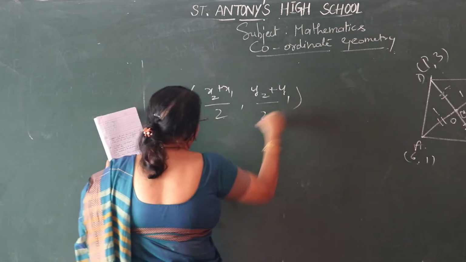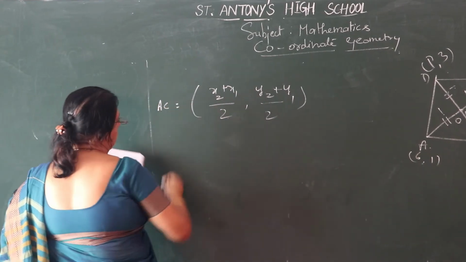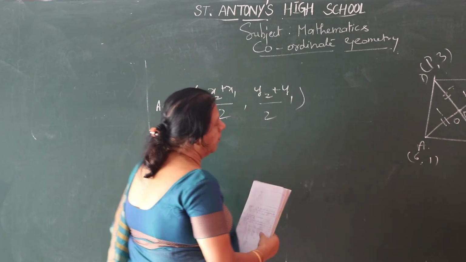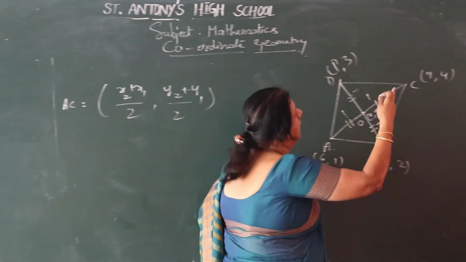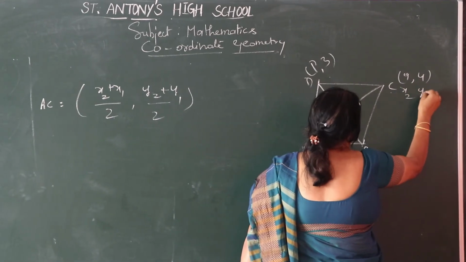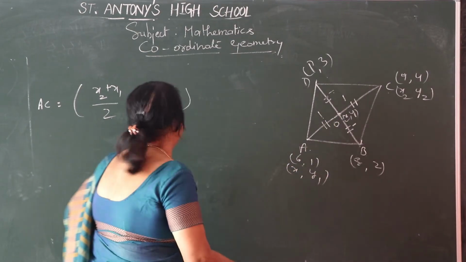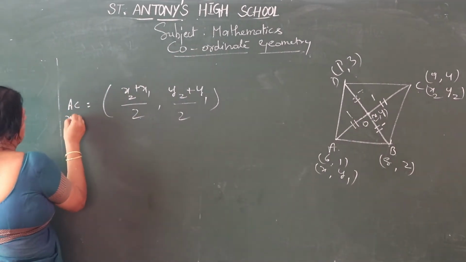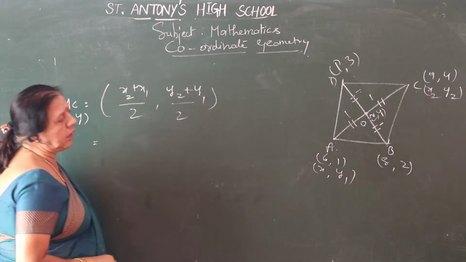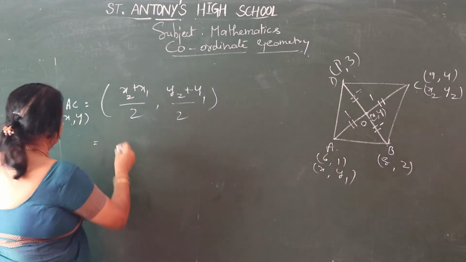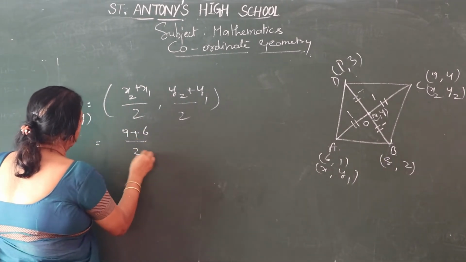Now this you have to find out. AC, you go for AC. AC is equal to, find x1, y1. What is the other one, children? The other one, x2, y2. Find out the points. This x, y you are getting, x comma y. So now substitute. What is x2, children? x2 is 9. 9 plus, what is x1? 6 by 2.